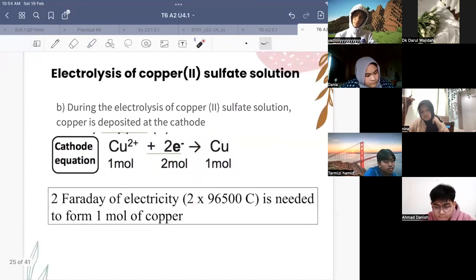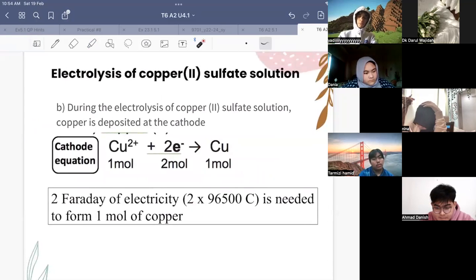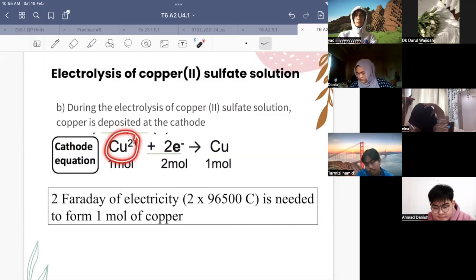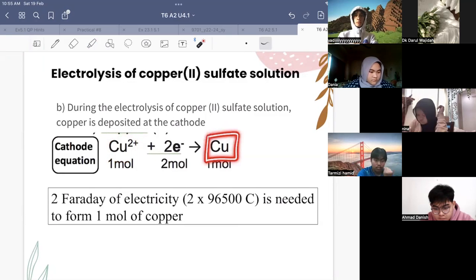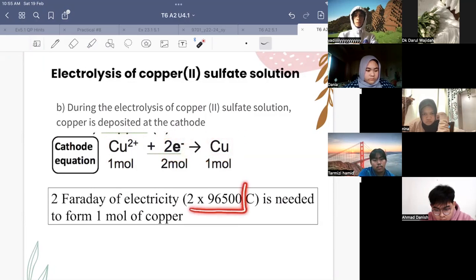Next, an example is the electrolysis of copper(II) sulfate solution. Again, at the cathode where reduction is happening, the copper 2+ is reduced to copper solid. So to form 1 mole of copper solid, you require 2 moles of electrons. This is the balanced half equation for the reduction of copper 2+. In terms of charge, 2 moles of electrons would require 2 times 96,500 coulombs.